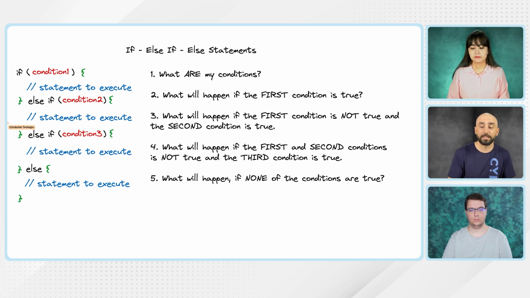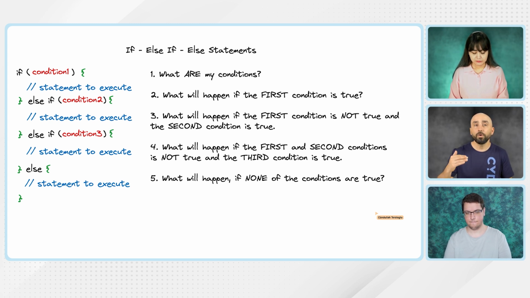And then another else if, not else. Else if condition 3. Basically, if condition 1 and condition 2 are not true, check condition 3. And if condition 3 is correct, run the statement to execute. And then last, as you see, we have else. Else means if condition 1 is not true, condition 2 is not true, condition 3 is not true, basically if none of the conditions are true, then do the else statement.